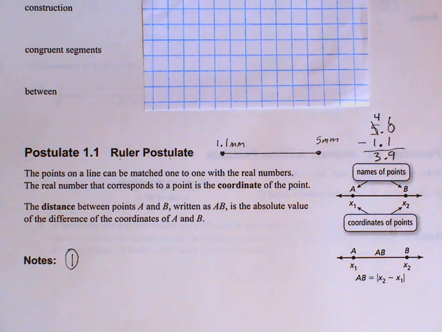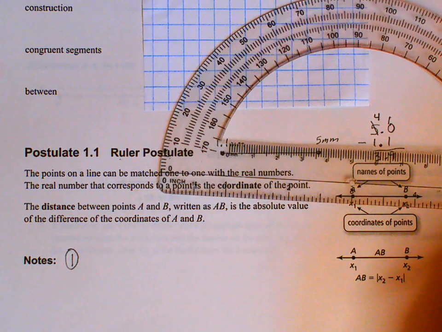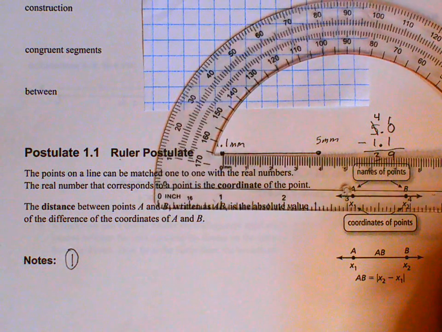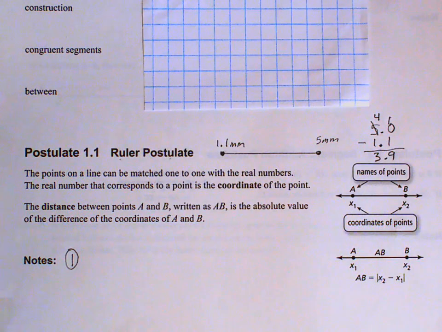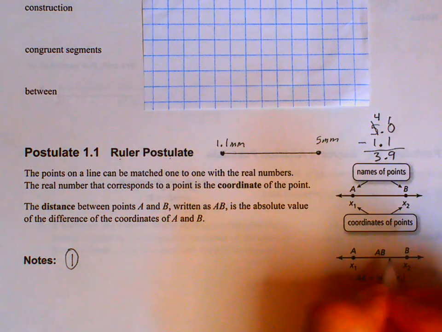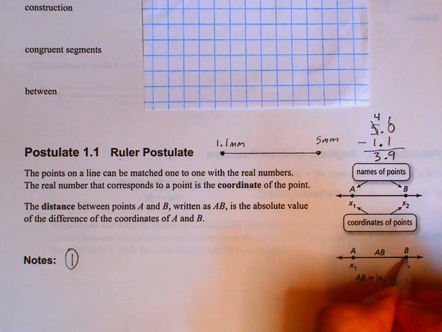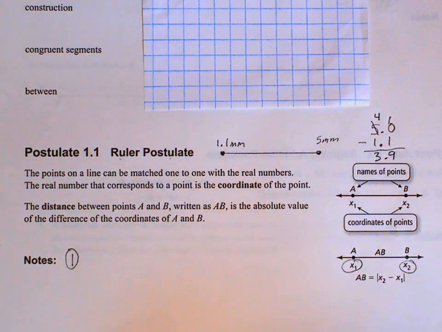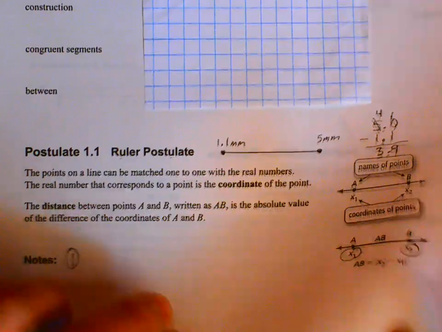Now, if I were to measure it normally, I would get about 3.9. Okay, you can see that? It's about 3.9. The reason I want you guys to do it like this is because I want you to understand that the distance between 2 points is the difference between the large number and the small number. All right, let's take a look at the next page, and then after this, we'll go back to the examples.